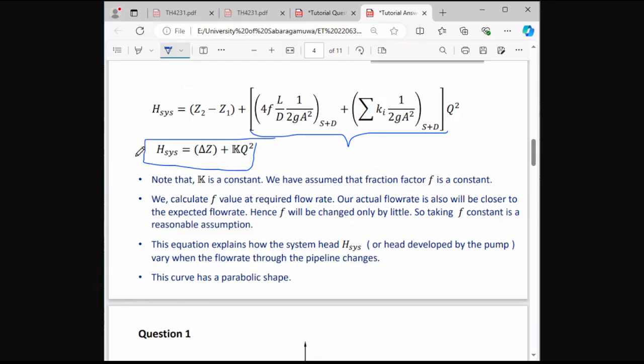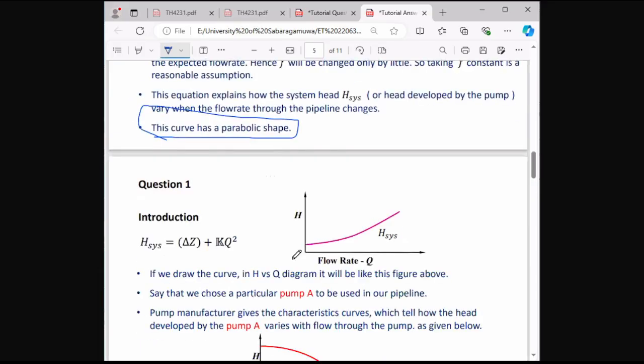Then according to this equation, the curve has a parabolic shape. Then you can draw this type of graph for this parabolic equation.